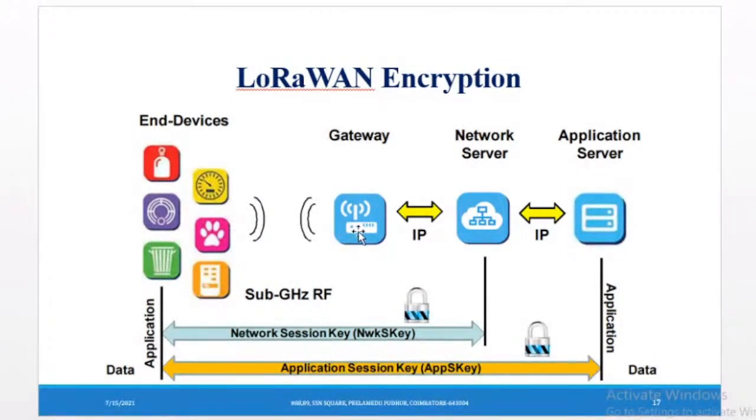It will convert the data into radio packets and push the data. Those things happen in the end device. The gateway will take the data and convert it into IP packets, and those IP packets will transfer towards the network server. From the network server, I transfer the data towards an application server using IP packets.